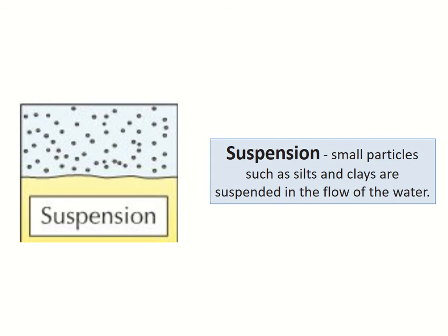If you were to look in that seawater, it would have lots of really small bits of sand and clay and silt in it. It's not just completely clear. And that's because those small particles are not so heavy that they're going to sink to the bottom of the ocean floor, but they're also not light enough to float on the top. So they're kind of suspended in the middle, and then they follow the flow of the water. So as the waves move in and move out of the beach, these particles move with them.